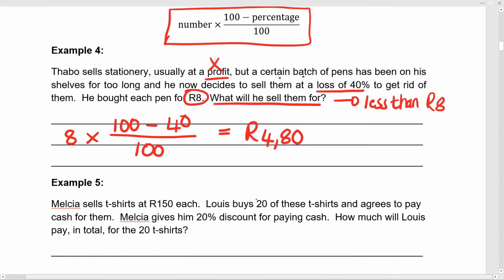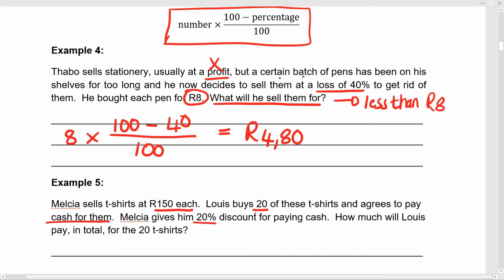Melcia sells t-shirts at 150 Rand each. Louis buys 20 of these t-shirts. I'm already thinking 20 times the 150, right? Okay. And he agrees to pay cash for them, and so Melcia gives him a 20% discount for paying cash.